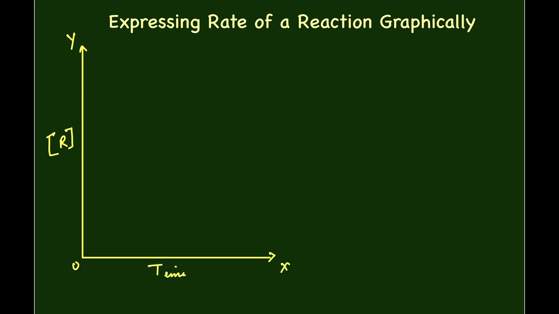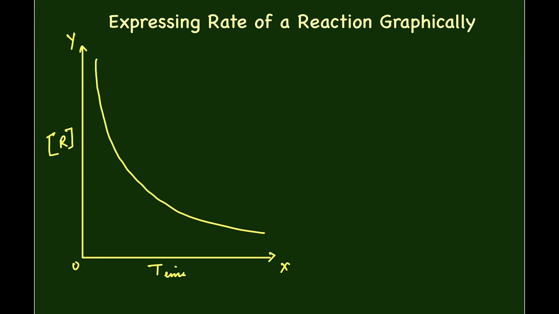Initially, when the reaction has not started, the concentration of the reactant is very high. We mark it with a point here on the graph, and as the reaction proceeds with time, the concentration of the reactants falls, till it becomes almost zero or negligibly small as the reaction comes towards an end.